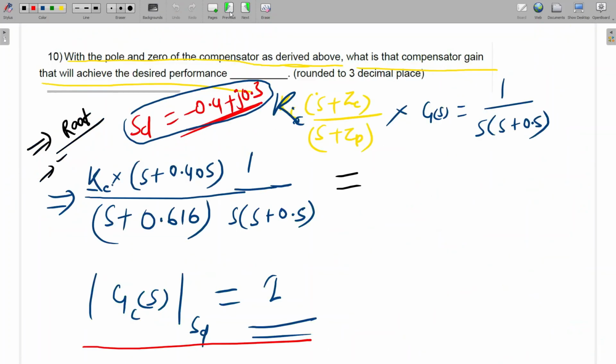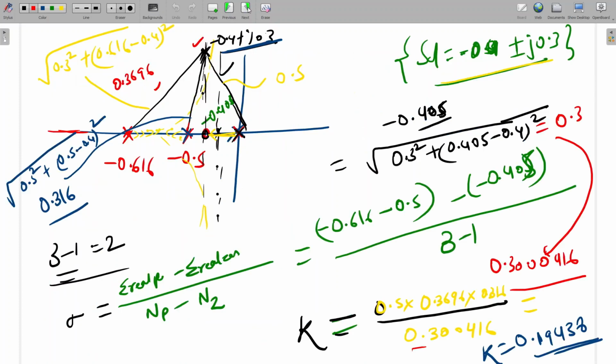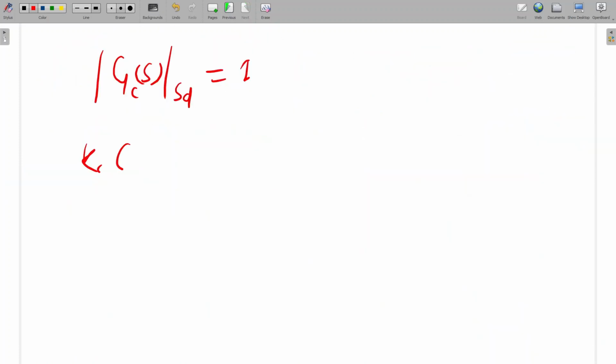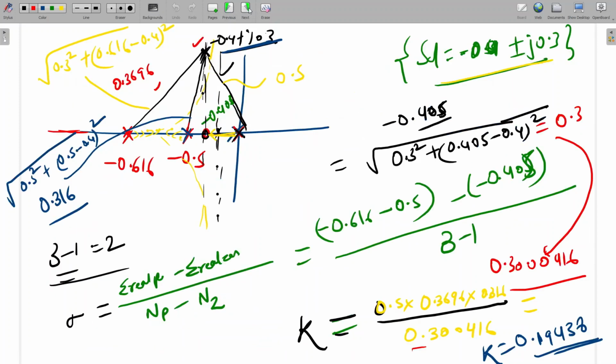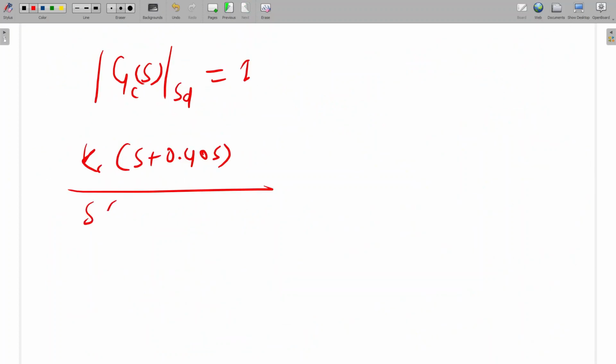Our transfer function is S into Kc into (S plus 0.405) divided by (S plus 0.616) into (S plus 0.5).